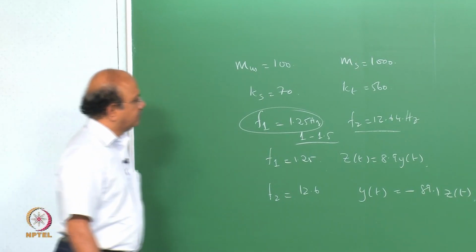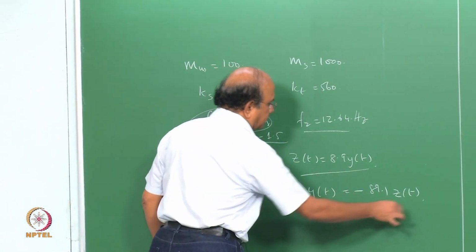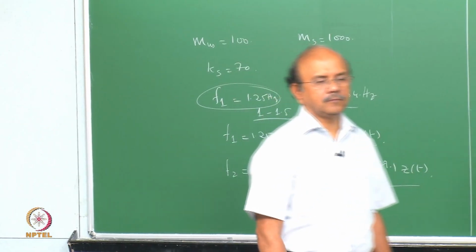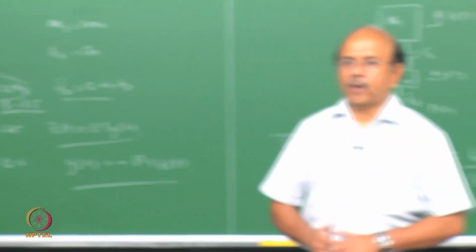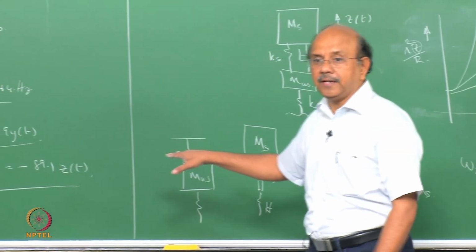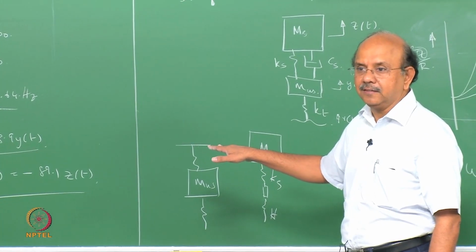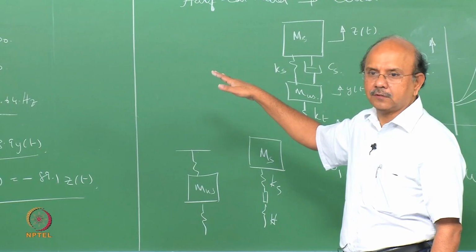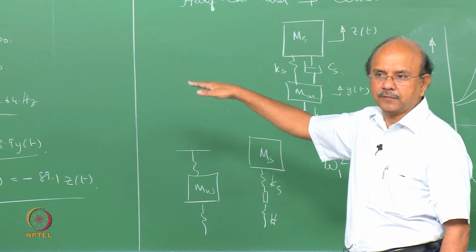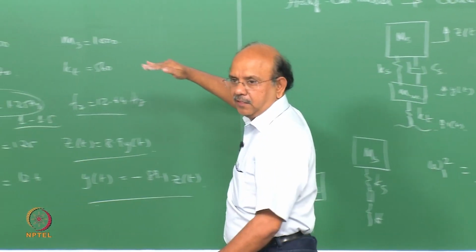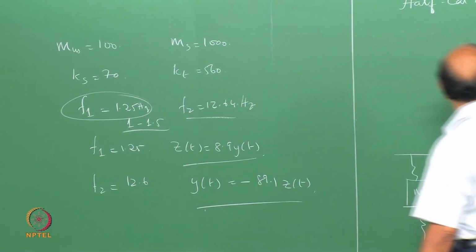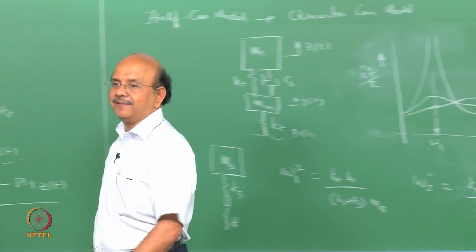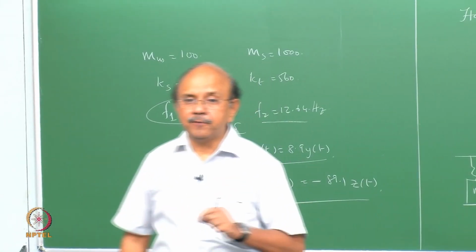Okay, so look at those results. For the second case, look at that, 89 times zt, which means that z is almost negligible displacement, and hence, in other words, you can assume as if this is stationary and this guy is jumping. But this is for an undamped system.